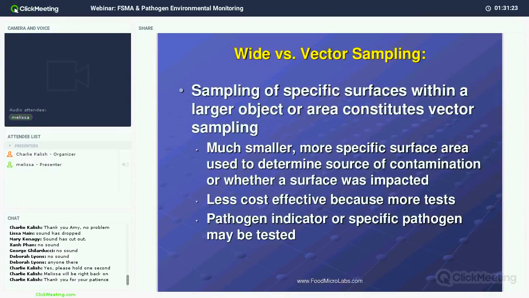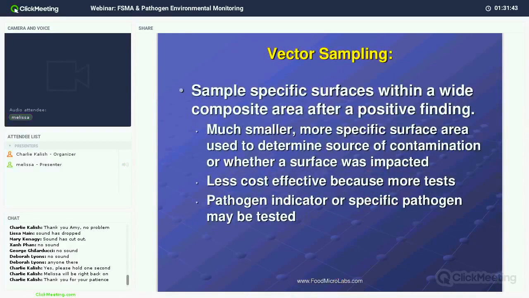It's less cost effective because it results in more tests, but it's more specific because we can get specific information on the location of contamination. So, pathogen indicators or specific pathogens can be tested depending on the plan.